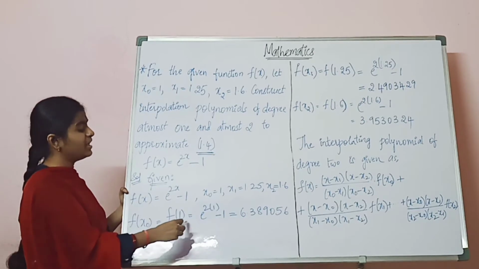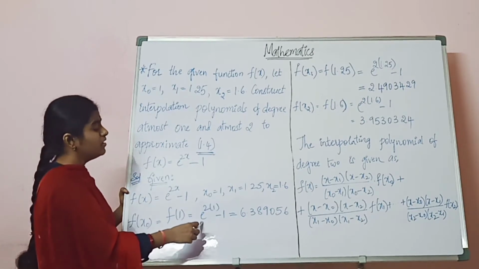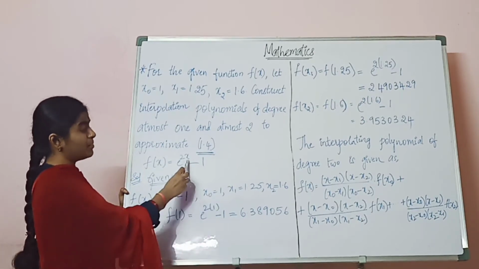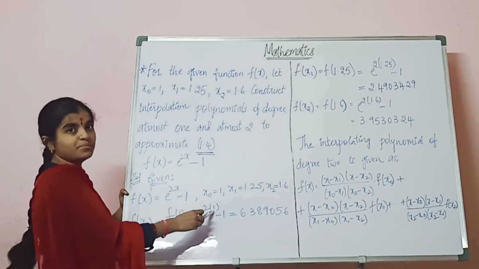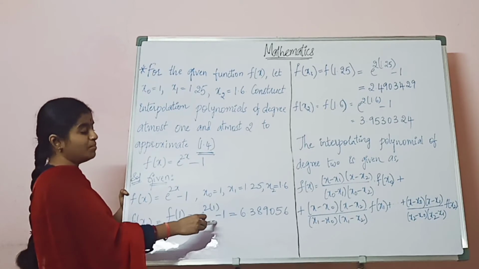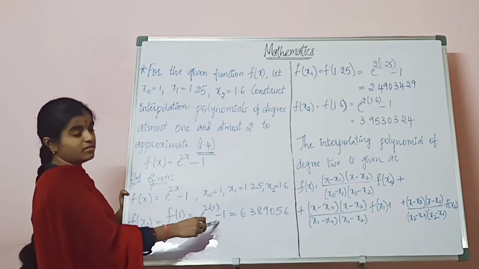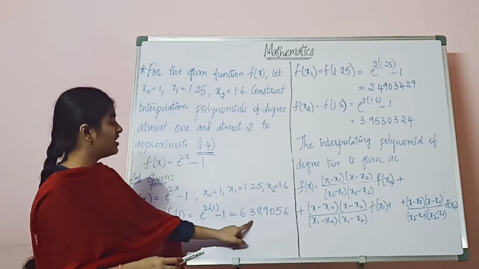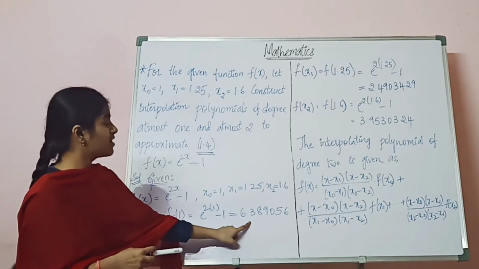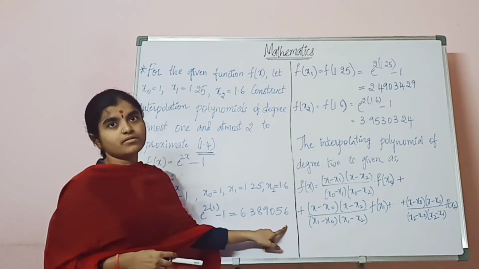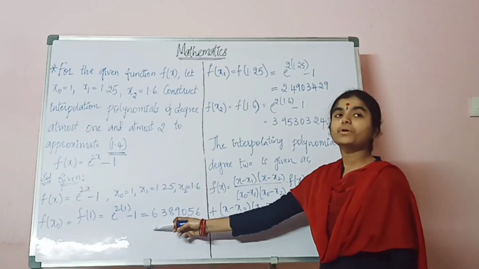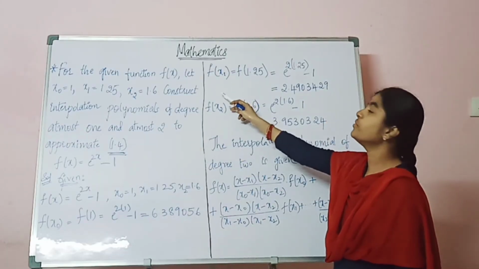So f of 1 equals e power 2 into x, in the place of x we are substituting x0, which is 1. e power 2 into 1 minus 1 equals, after calculating this value, 6.389056.